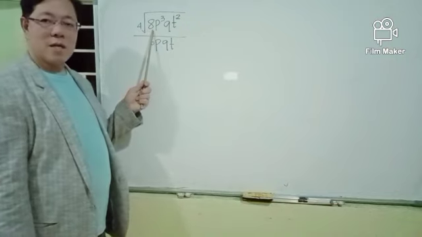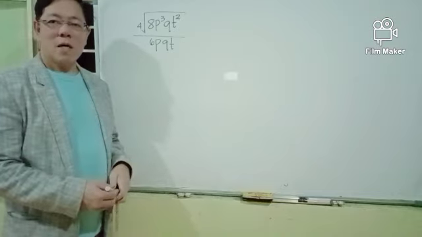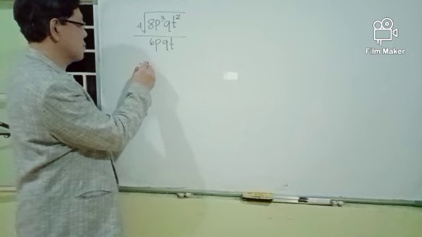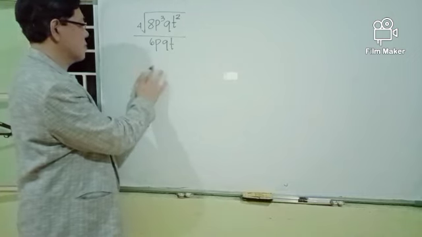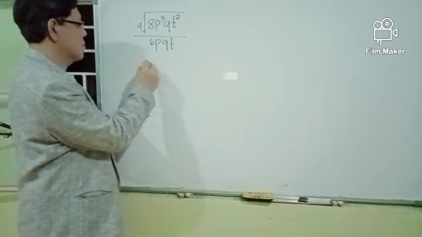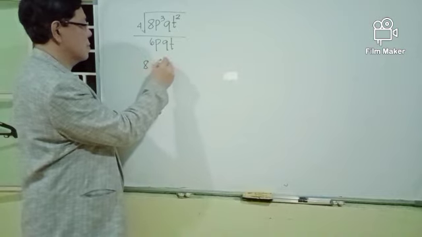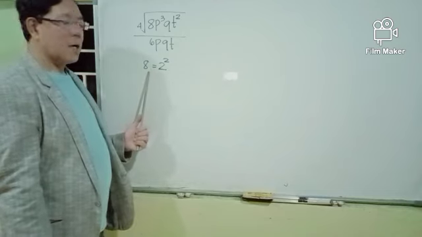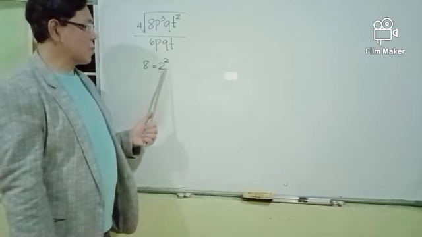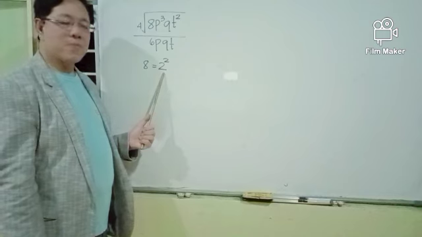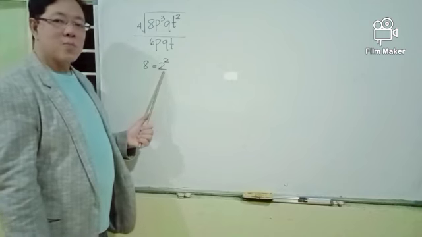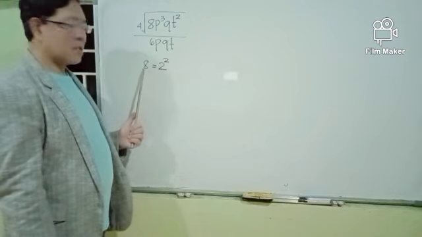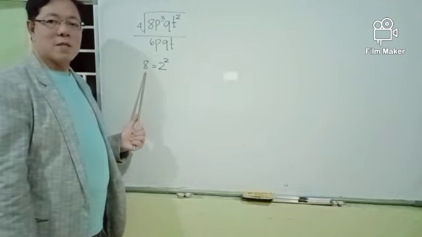First, you note that 8 can be written as a number raised to a power. Eight is equal to 2 raised to 3, and 2 is the smallest number that can be raised to some exponent such that the number is equal to 8.